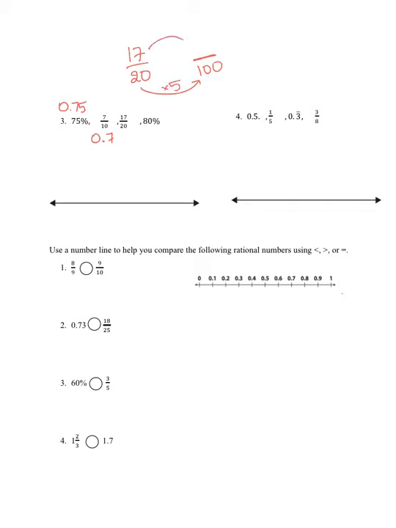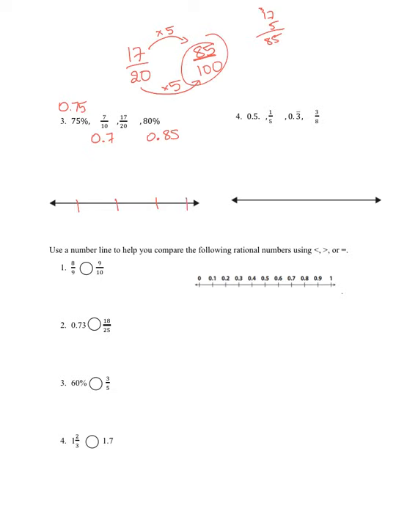So 17 times 5 is 85. So 85 out of 100. You can convert this one to a decimal. This will be 0.85.